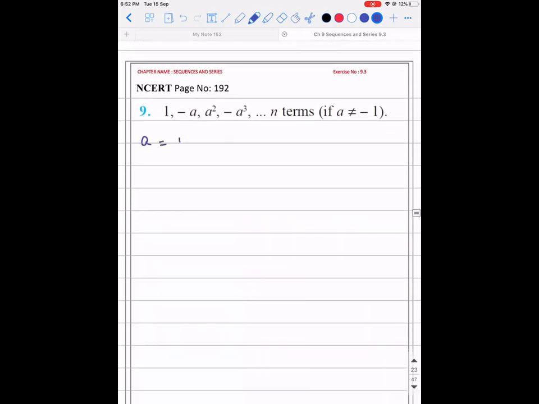This problem, A is 1, R is minus A. Sn will be equal to A into R power n minus 1 divided by R minus 1.